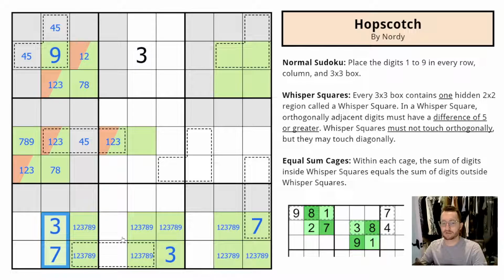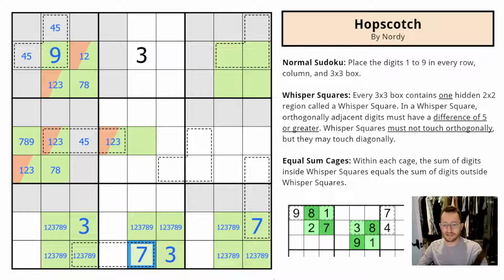Another way to think about it is we're going to need to fill these squares with digits. We're going to need 2 3s and 2 7s. So we're going to need to place 2 3s in 2 of them, and 2 7s in another one. I think I just said basically the same thing twice.